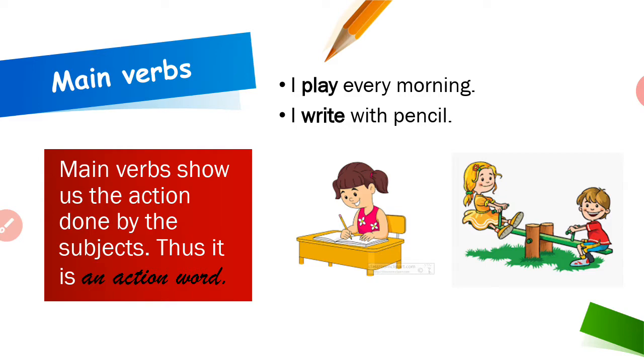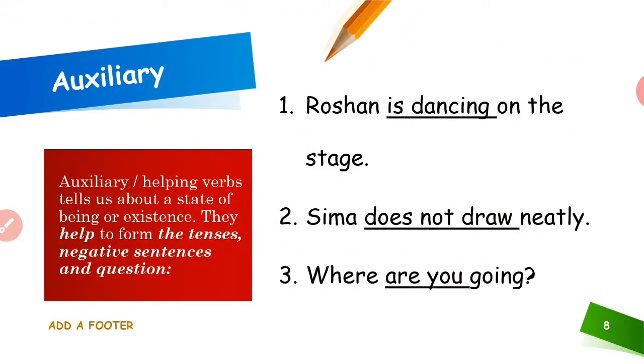I write with pencil. Write is an action word. That means here the main verb in the sentence is write. Verbs are the king of English grammar. Without a verb, there will be no complete sentence.